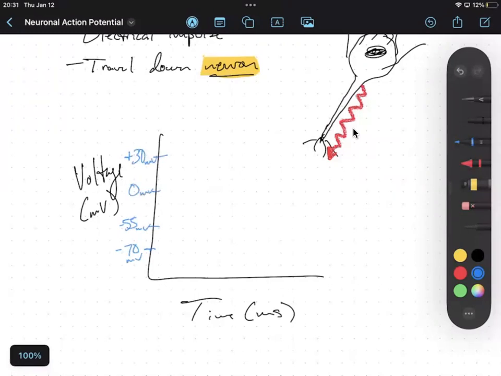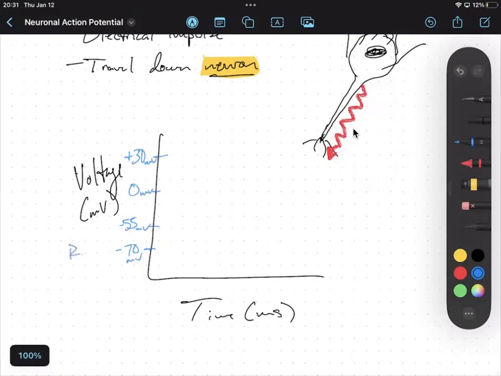So what we have is our action potential. Our action potential is always going to start at what's referred to as a resting membrane potential. What this means is at rest, before our action potential actually takes place, we're going to be hovering around a particular value, and this is going to be this negative 70.